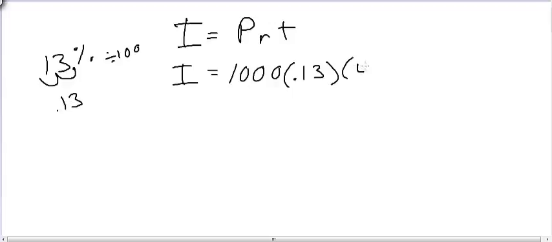T we set over the course of 4 years. Once we have this, it's a matter of multiplying them out, and in this case we get $520. So we can do 1,000 times 0.13 times 4 to get $520, our total interest.